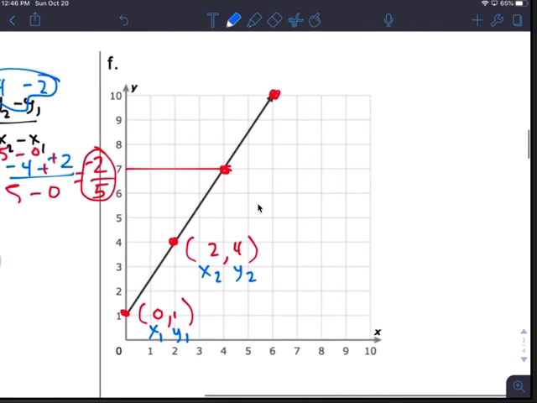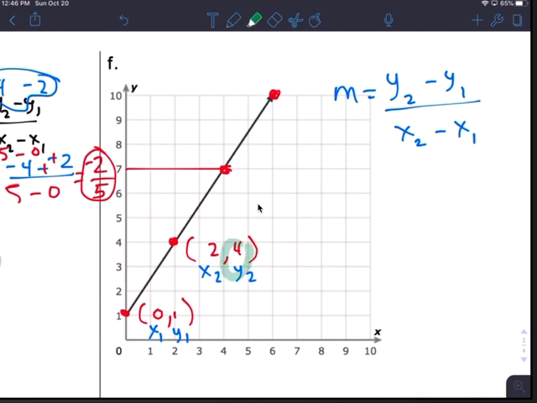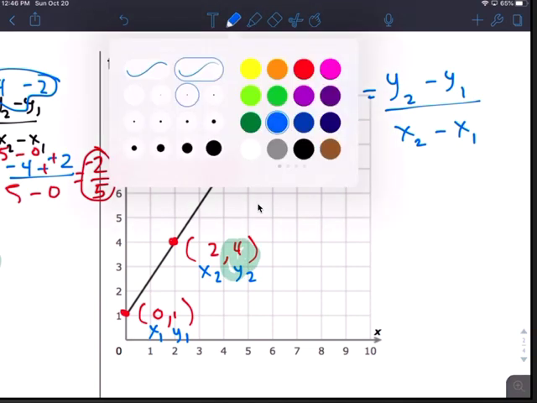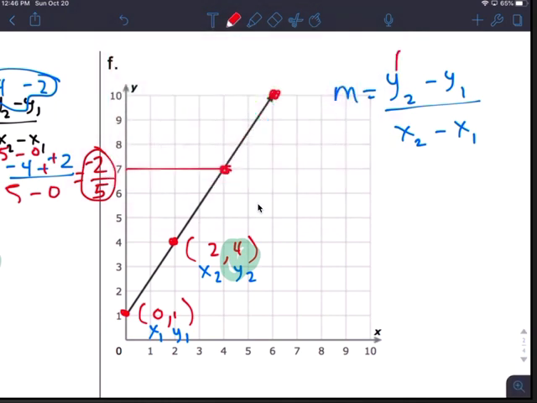And then you do your formula: M equals y sub 2 minus y sub 1 over x sub 2 minus x sub 1. Y sub 2 is 4, so you write 4 for y2, and y sub 1 is 1.